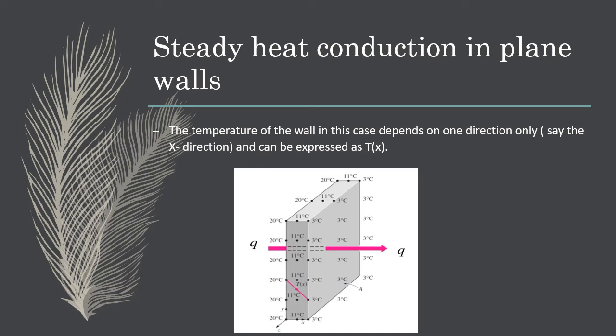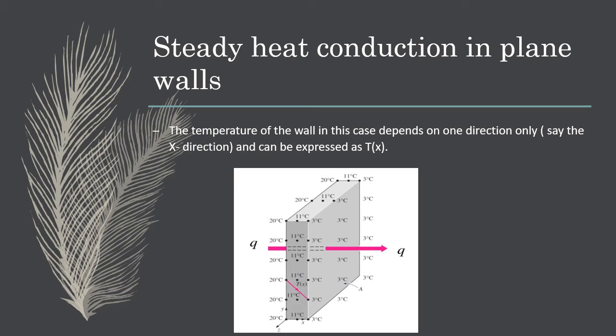Steady heat conduction in plane walls. In plane walls, the temperature of the wall in this case depends on the direction. Let's say the direction is the x direction and can be expressed as T(x). Let's see this wall.